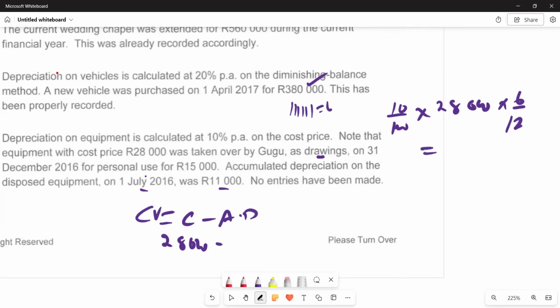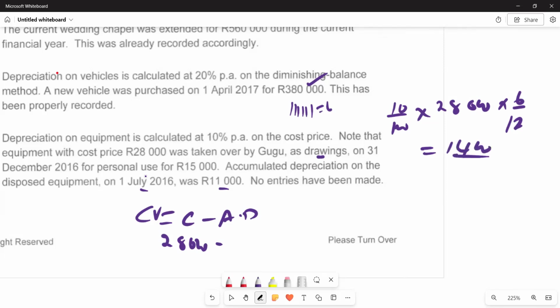And then we get depreciation from the beginning of the year until this equipment went out of the business when it was withdrawn as drawings. So we are going to say now 10% of 28,000, obviously you're going to get 2,800, and then you multiply by 6/12, and then you get 1,400. So it's going to be 1,400.